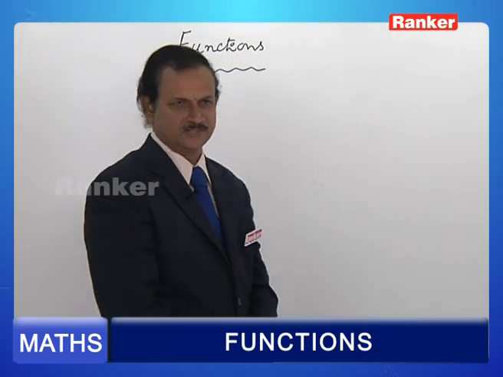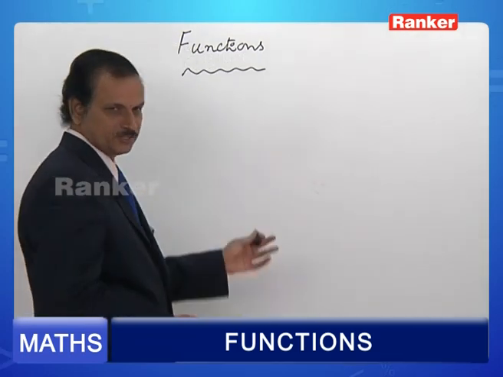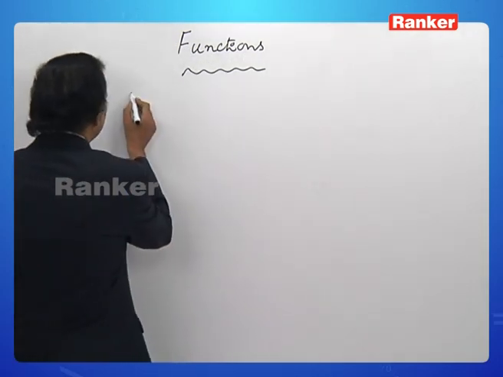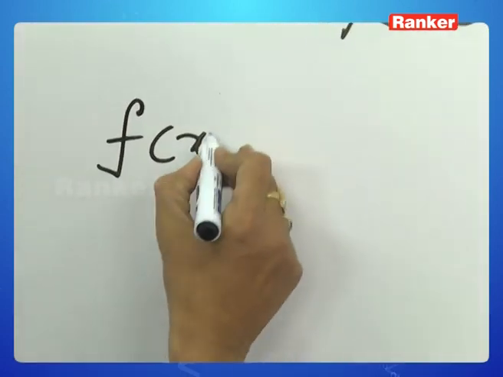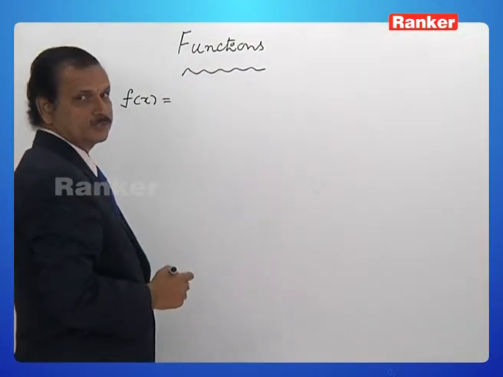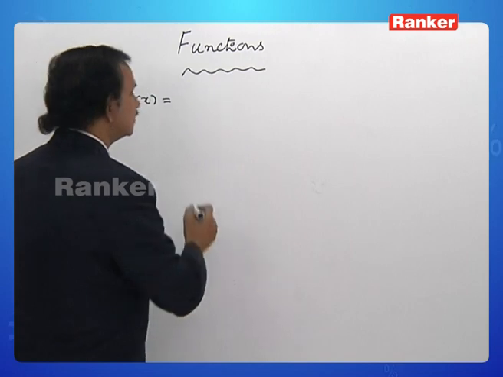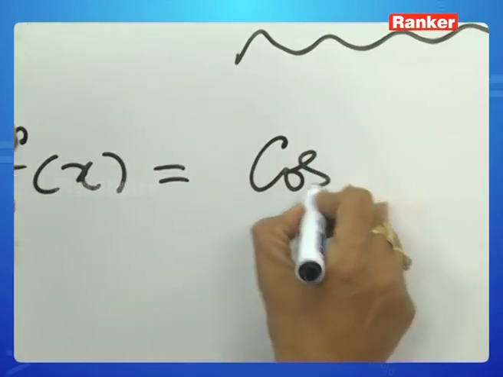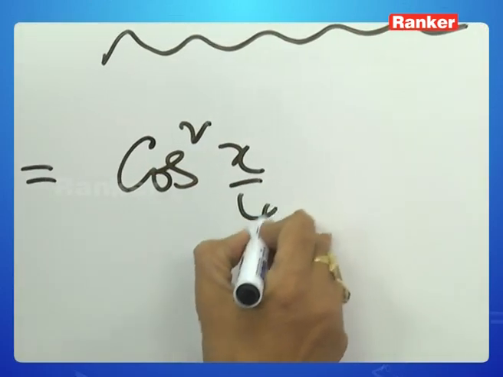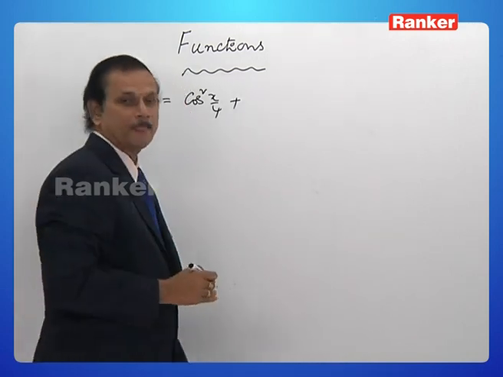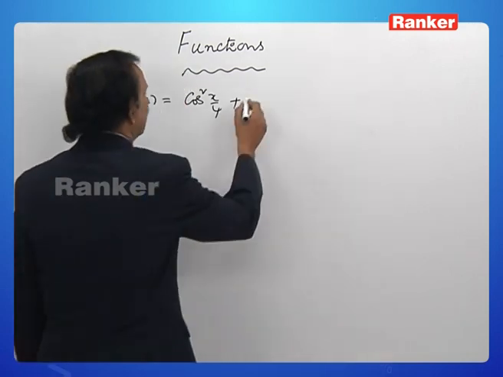Let us have a look over the given function. What is f of x given? F of x is equal to cos square x by 4 plus sin x by 4.